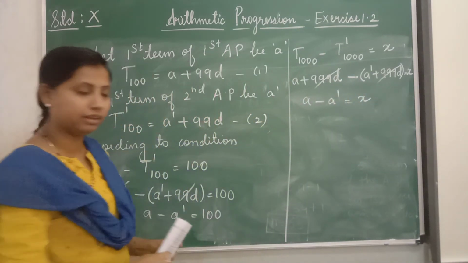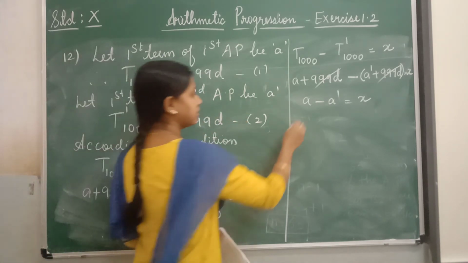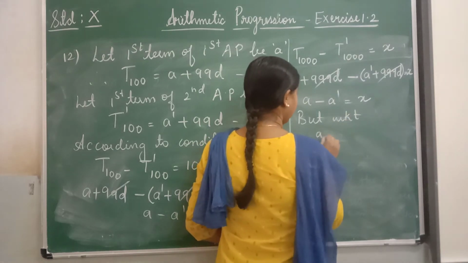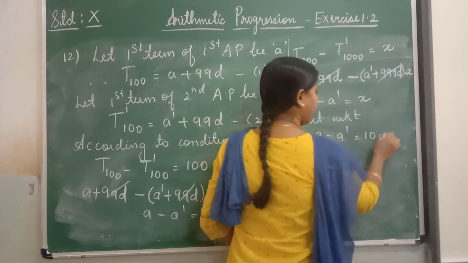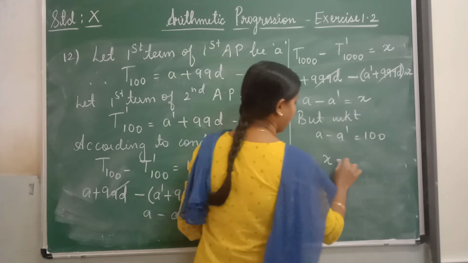But we know that here a minus a dash is 100. Therefore, x is also equals to 100.